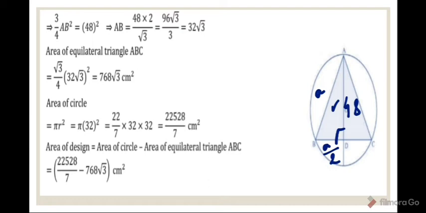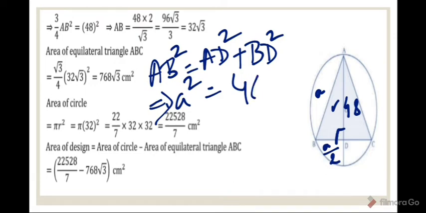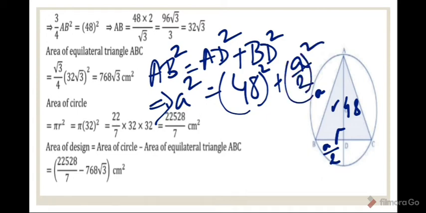You can write AB square is equal to AD square plus BD square. That means A square is equal to 48 square plus A by 2 whole square. From here you can easily find the value of A.